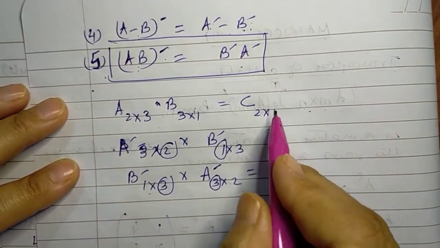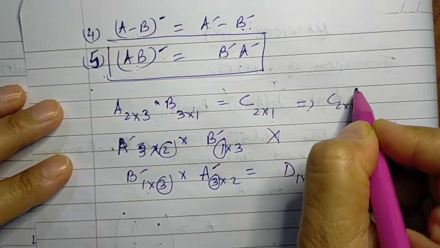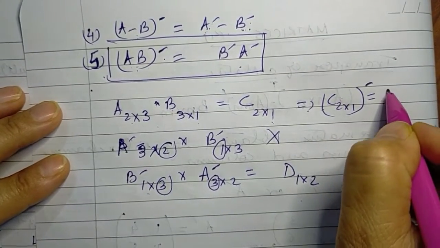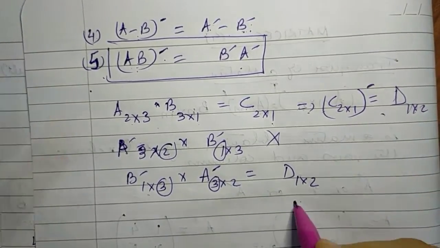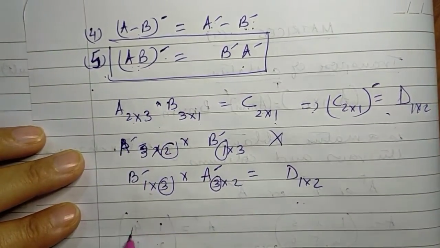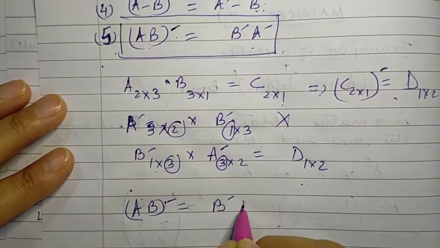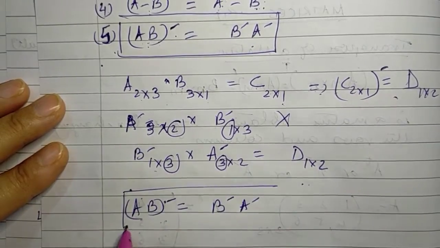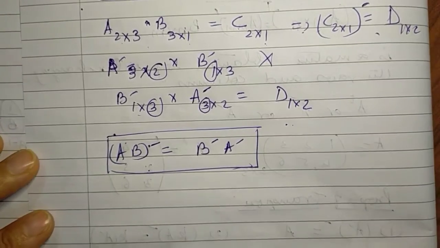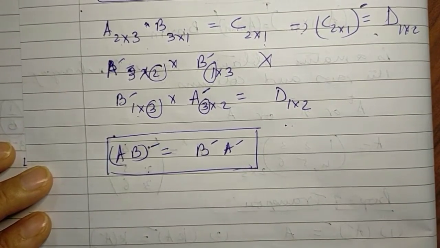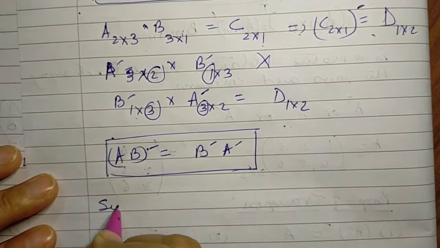C is 2 by 1, so clearly C transpose will be the matrix D, which is 1 by 2. Clearly we can compare them, and so this is a very important thing: AB transpose is equal to the product of the transposes but in the reverse direction, which can be easily verified by taking some example.